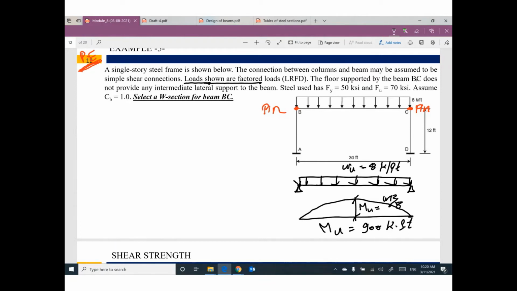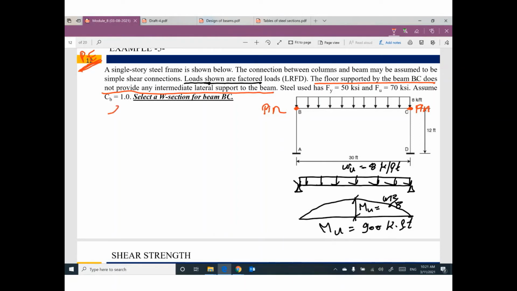The floor supported by the beam BC does not provide any intermediate lateral support to the beam. So we have information here. The floor supported by this beam BC does not provide any intermediate lateral support.